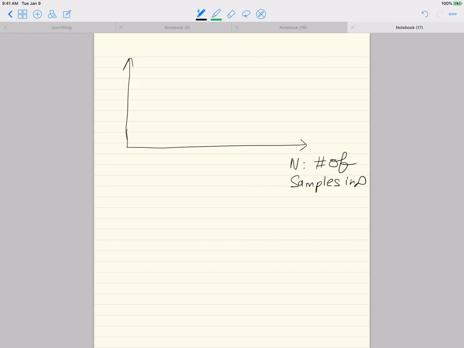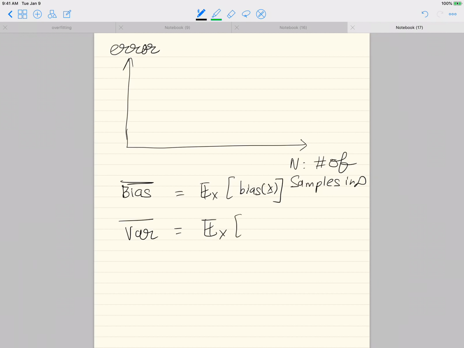I want to sketch the average bias, which is the expected value over x of the bias of x, and the average variance, which is the expected value over x of the variance of x, as a function of the number of samples. Can anyone tell me how the bias function will look on this plot? Will it be increasing? Decreasing? Constant?